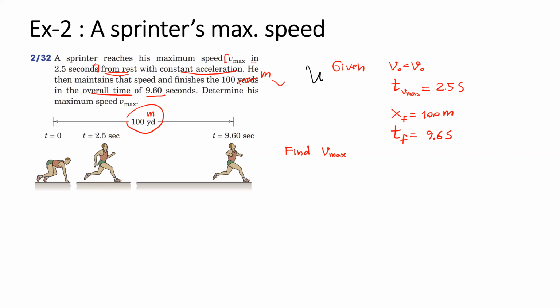This problem seems to be like nothing related to our robotics class. Why do we need to consider the sprinter running on the track? But they give some constraints that are somehow similar to our application.